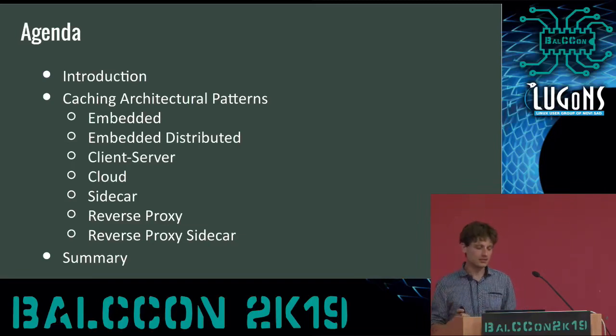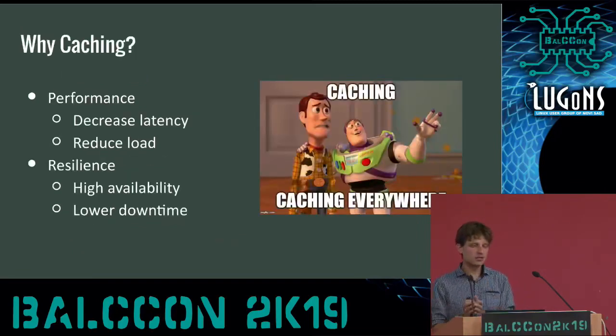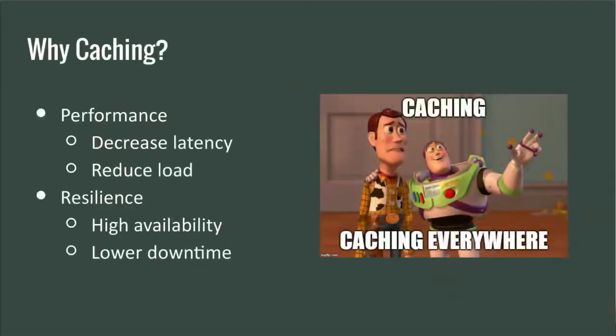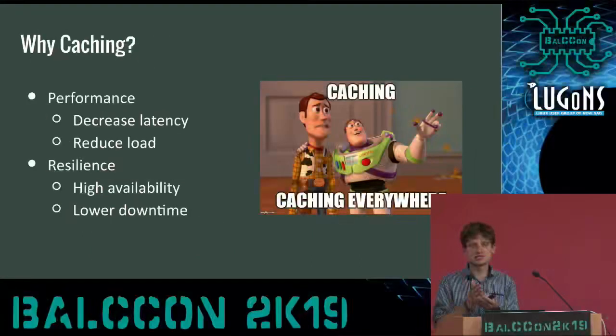So let's begin. Why caching? Everybody does caching, no matter what software you write, no matter which programming language, and we do it for two main reasons. One, the most obvious, is performance. Instead of doing some business logic, some long time processing, we just cache some value and then return the cached response.